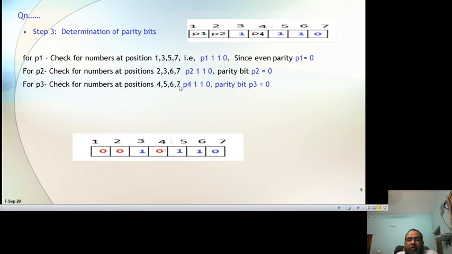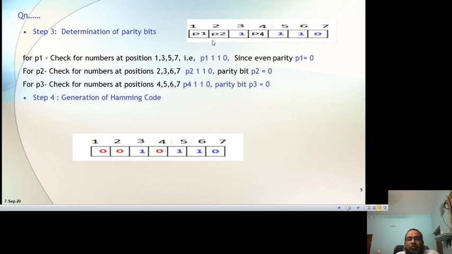Suppose more bits are there, then you skip 8, 9, 10, 11, then again select 4. That is, you select and skip in groups of 4. So the positions are 4, 5, 6, 7. P4 you have to determine. The others are 1, 1, 0, which is again even. So keep the parity bit P4 equal to 0.